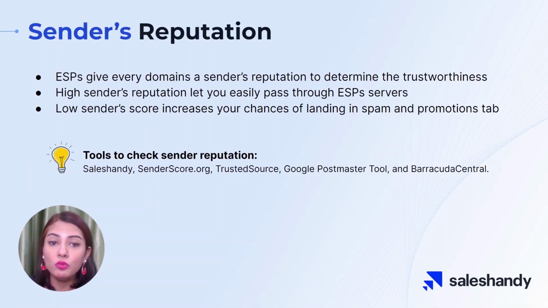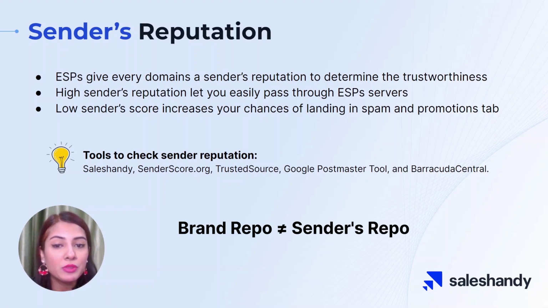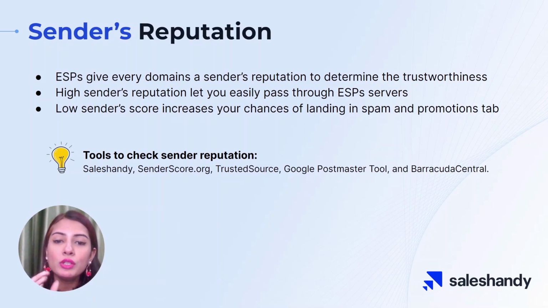The first thing you need to do to improve your deliverability is to gain a thorough understanding of sender reputation. No, this does not have anything to do with your brand reputation in any way. The sender reputation of a particular email account is given to the domain by ESPs to determine your trustworthiness as a sender.